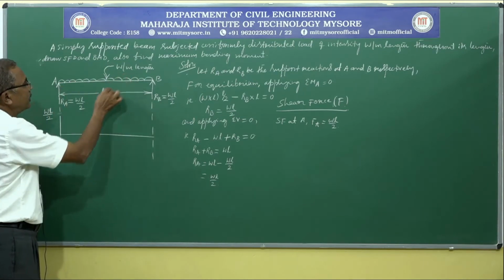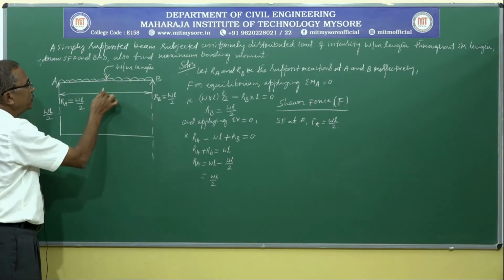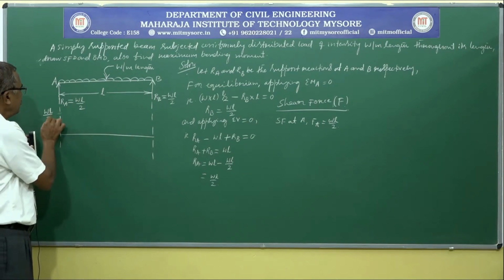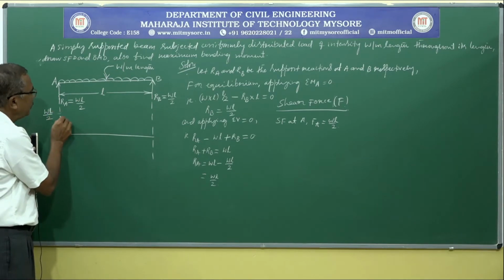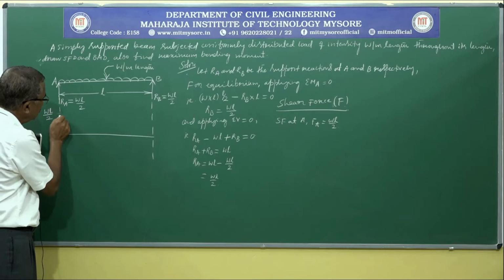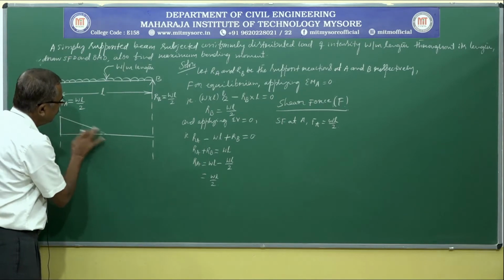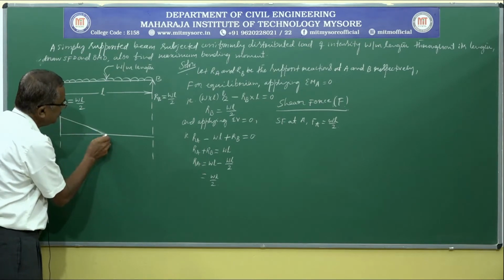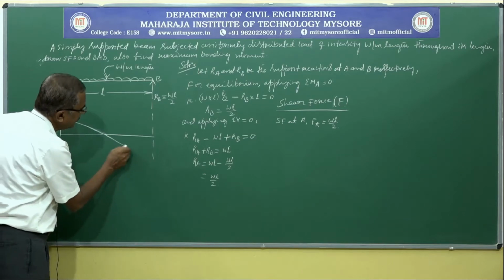So if you convert the UDL to a point load, W into L, WL, we had gone up by WL by 2, come down by WL, which means it will cross the reference line, exactly at the midpoint.